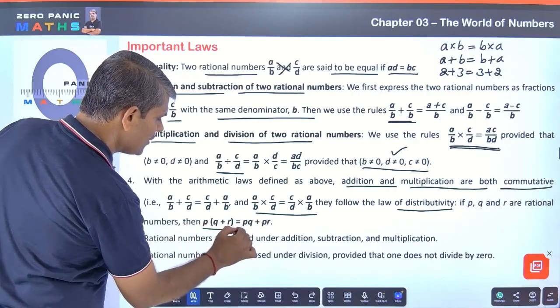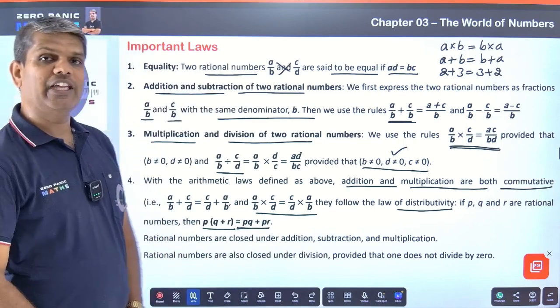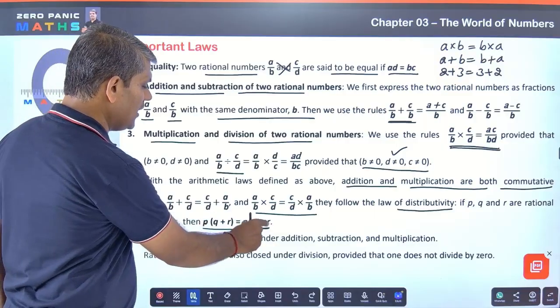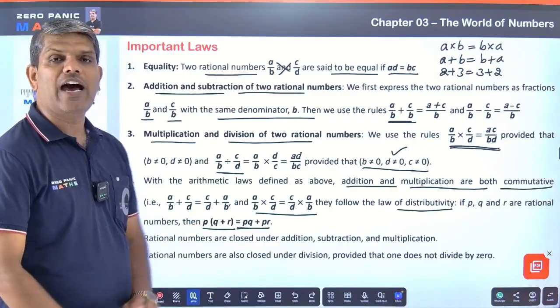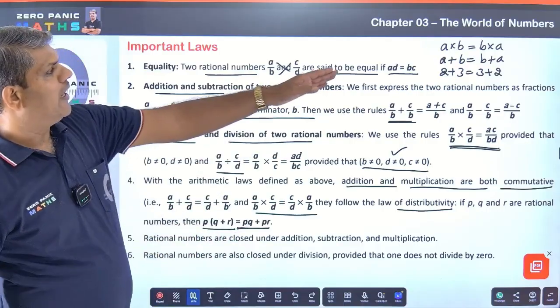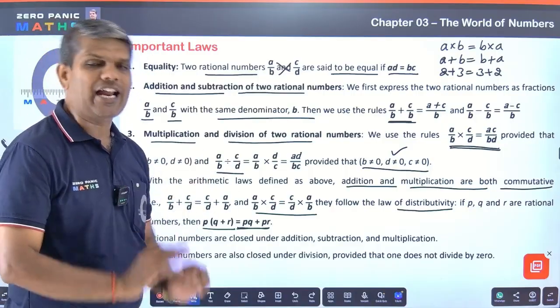So this is what is called the distributivity law. You are distributing it. Here it is non-distributed and here it is distributed. P is distributed to both Q and R. This law, which is applied to basic numbers in the number system, is applied to rational numbers also.